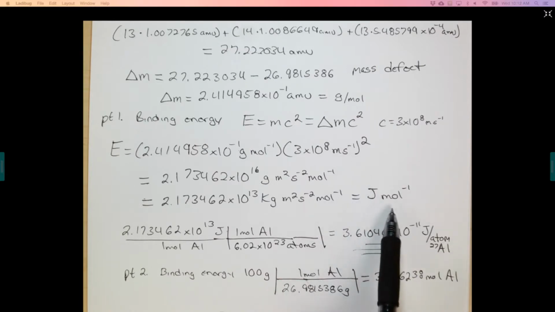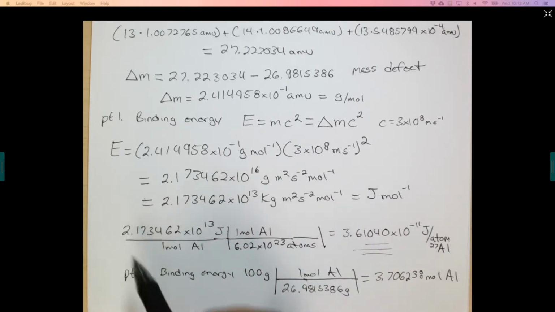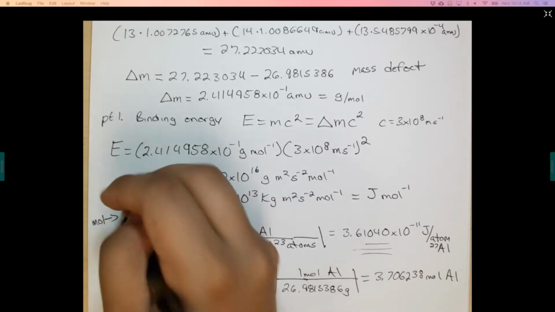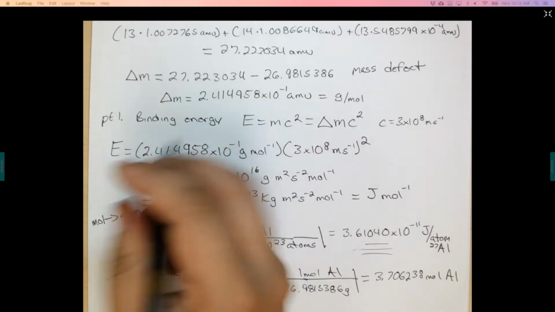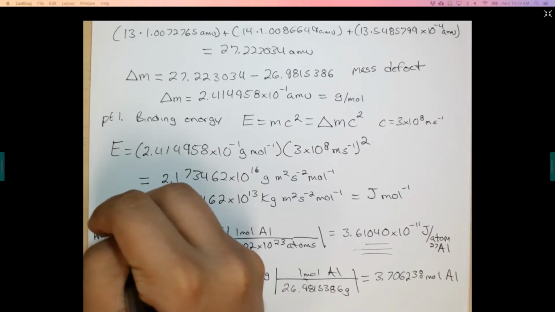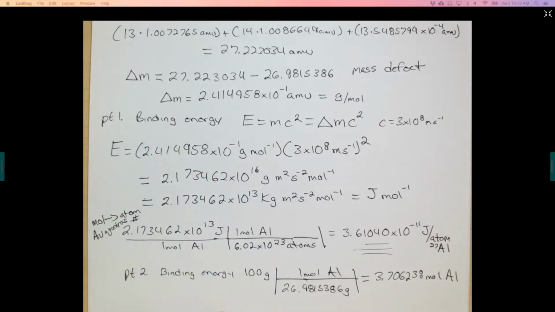But joules per mole is not what we have been asked for. We have been asked for a single atom. So whenever we're dealing with atoms, to get from mole to atom, we always need to use Avogadro's number, recognizing that there are 6.02 times 10 to the 23 atoms in 1 mole.